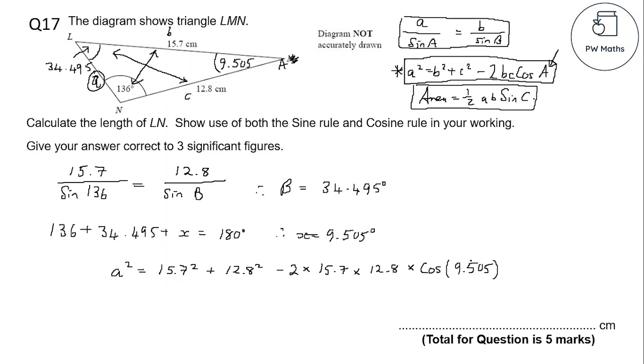Alpha minus, or x if you prefer, squared. So A squared alpha calc 15.7 squared plus 12.8 squared minus 2 times 15.7 times 12.8 times cos of 9.505. Don't forget to close the brackets. Shift calc equals.